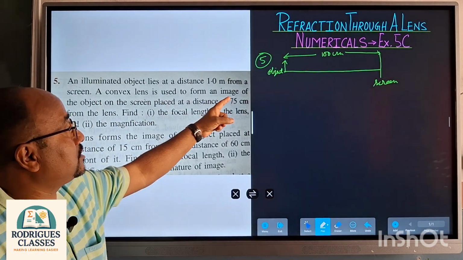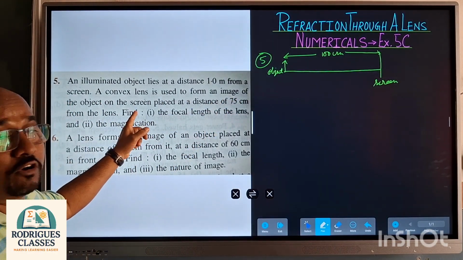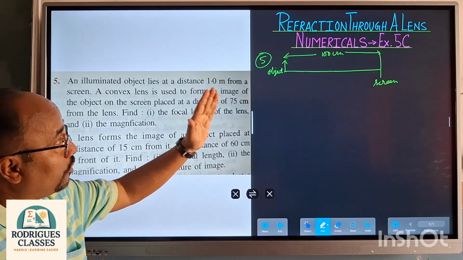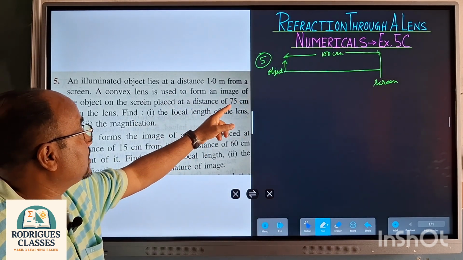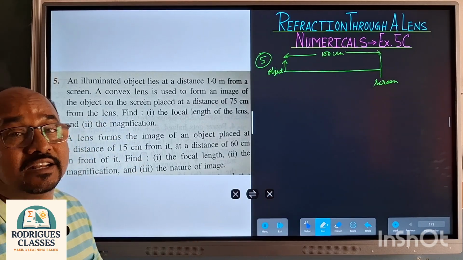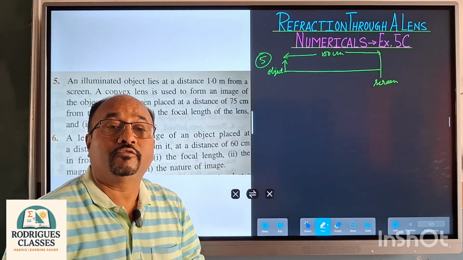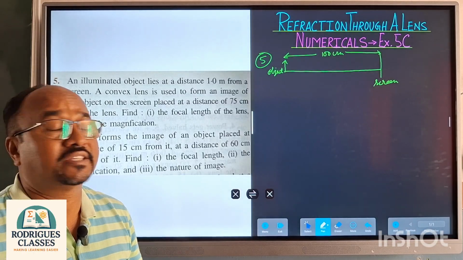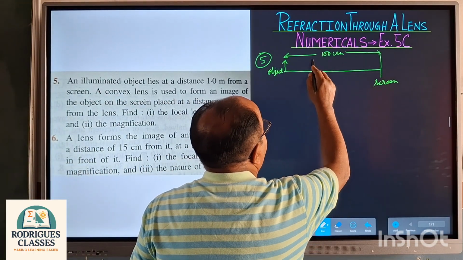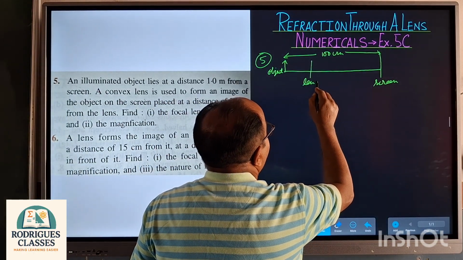A convex lens is used to form an image of the object on the screen. So a convex lens will come there and the image will be formed on the screen, placed at a distance of 75 centimeter from the lens. From the lens, the screen is at a distance of 75 centimeter. So let us put a lens here. This is the lens.